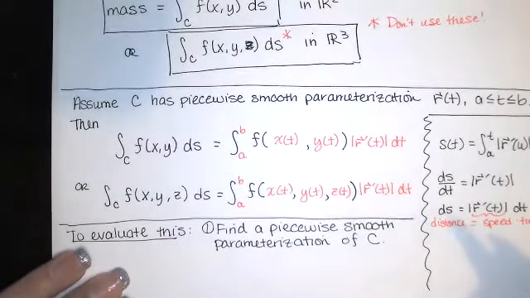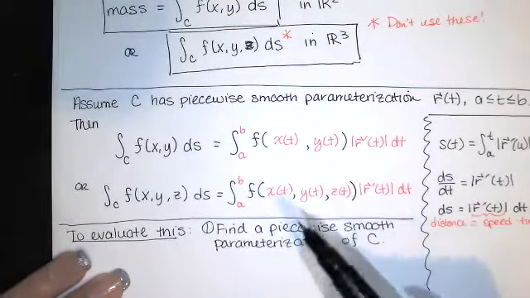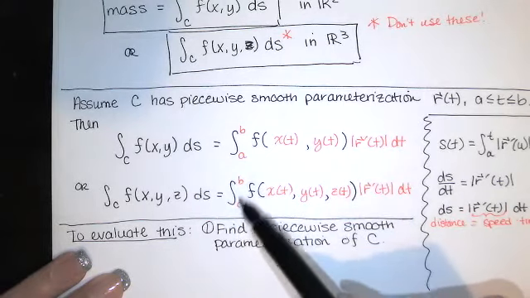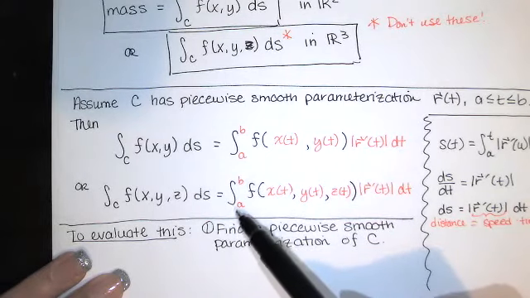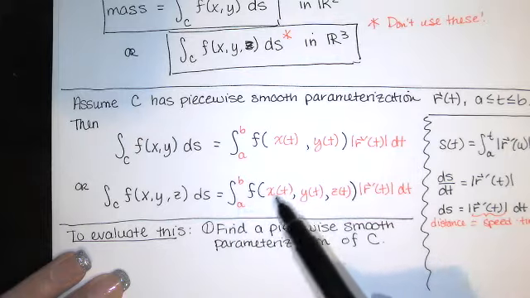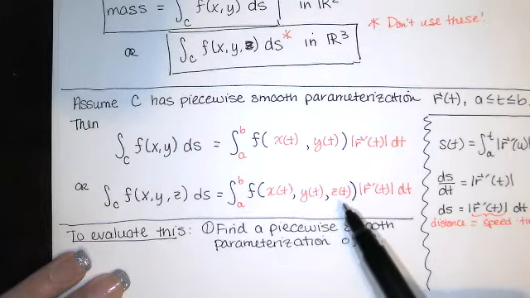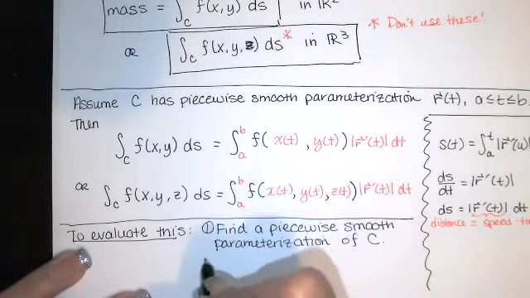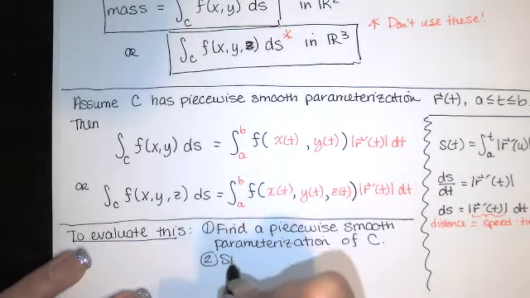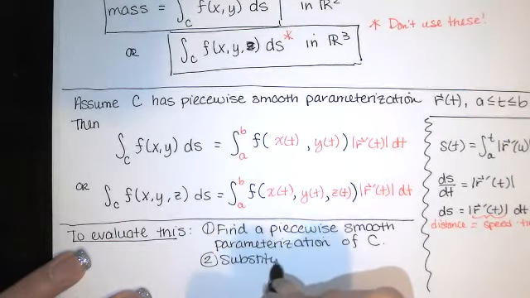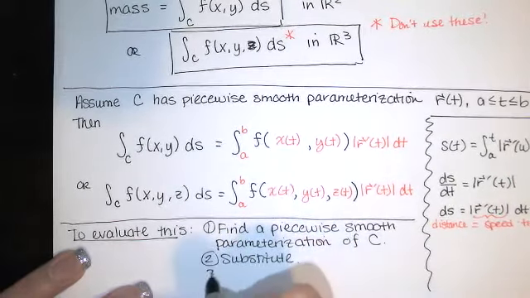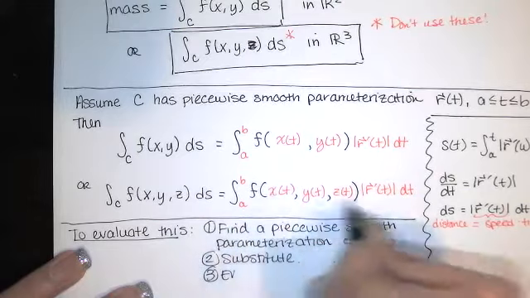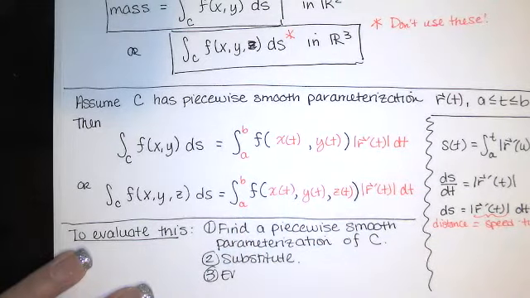And then once you have your piecewise smooth parameterization, and you've got this interval from t equals a to t equals b, so you've got x of t, y of t, potentially z of t, you just substitute everything in, and then you evaluate the integral. And then it's just a regular integral. It's a calc 1 integral in terms of t, no big deal.